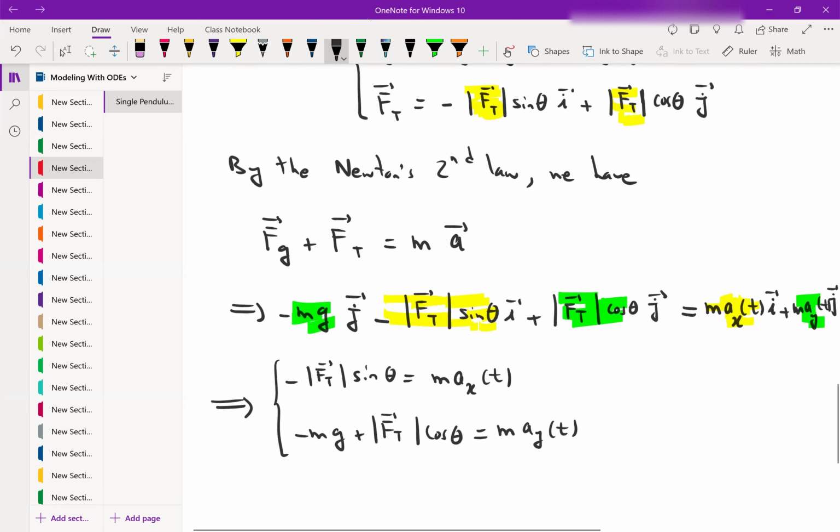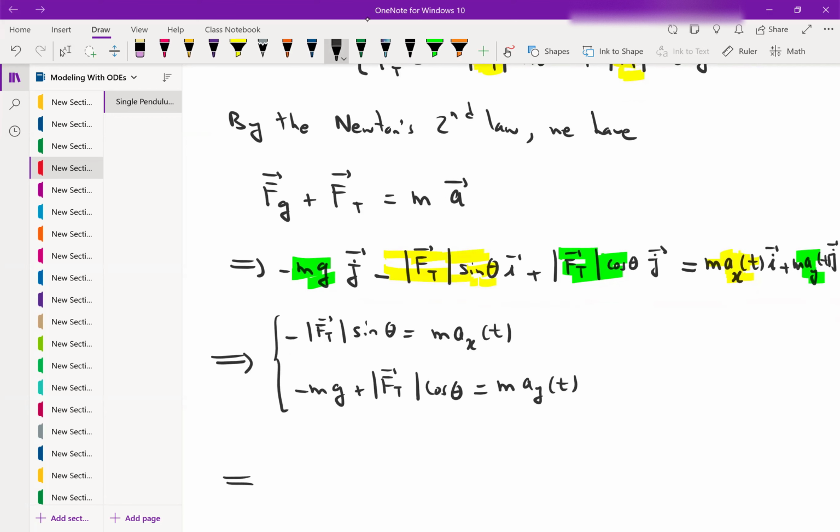Awesome. So if we divide by m, we get a_x, the x component of the acceleration vector a of the mass m, must be equal to negative the magnitude of Ft sine theta over m.